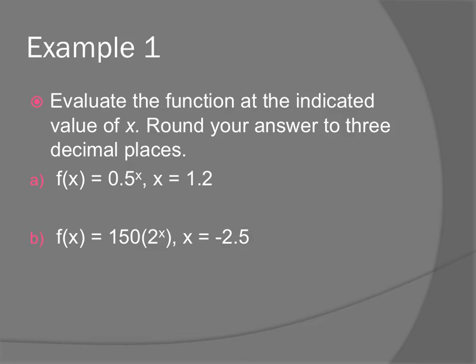So the first thing we're going to do is literally just evaluate. This is what you need a calculator for. You're going to be careful paying attention to directions on the rounding, and also being careful on your part on the rounding itself. It says evaluate the function at the indicated value of x and round your answer to 3 decimal places. So in your calculator, most of you will be taking that 0.5 and then the little caret and then 1.2.